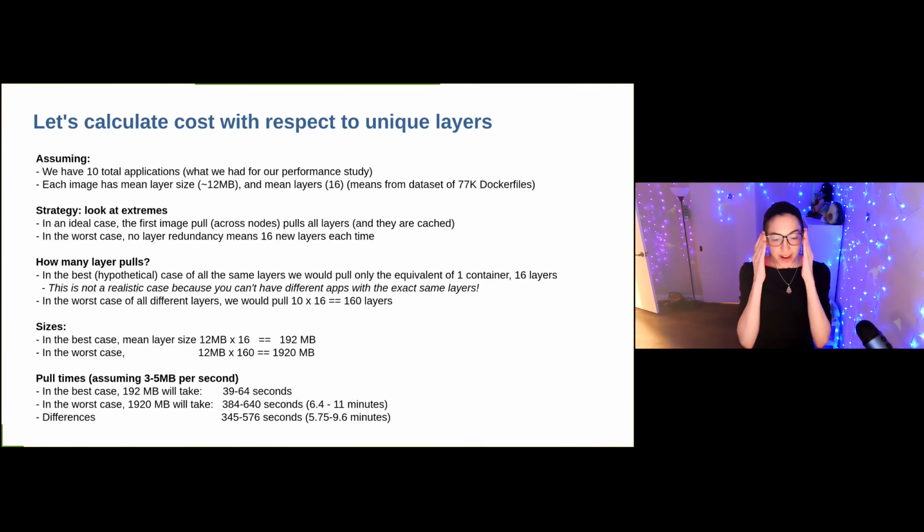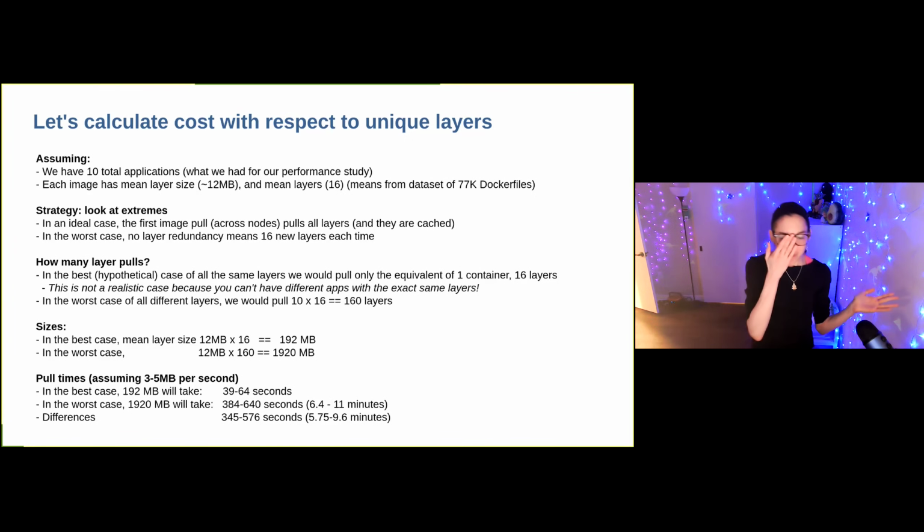So I looked up what is sort of the average rate for pulling from Docker Hub, and it gave me this rate of 3.5 MBs per second. Now, arguably, these are the assumptions that I'm making. Probably if you use a specific cloud that has a much better network setup, this could be faster. But under these conditions, in the best case, the 192 MBs will be pulled in 39 to 64 seconds.